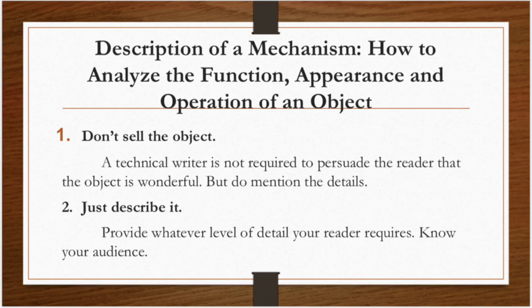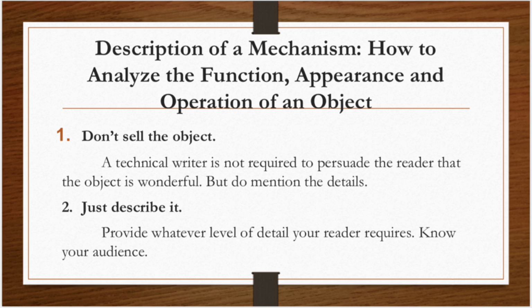Now let's talk about the description of a mechanism, or mechanism description. How to analyze the function, appearance, and operation of an object. This will describe how to write a mechanism description, and it is also called object description.